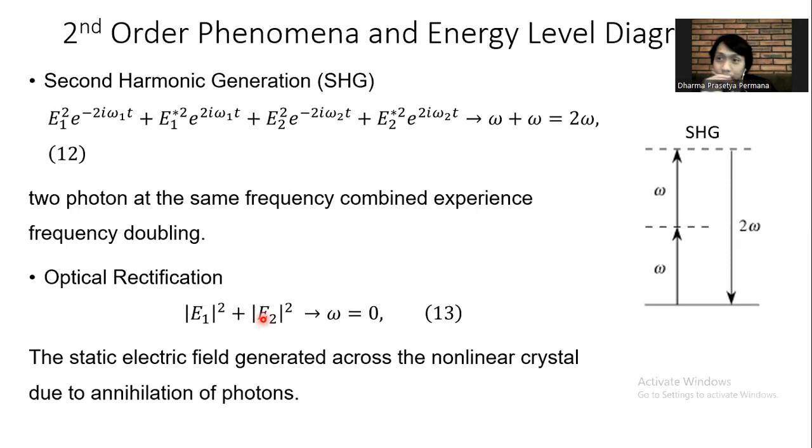Handoko, any question? Yes. In the second harmonic generation, you basically combine two lasers of the same frequency, right, to produce something which has double the frequency of the initial laser. Is that right? Yeah. I would like to ask, in the actual experiment, how hard is this to achieve?